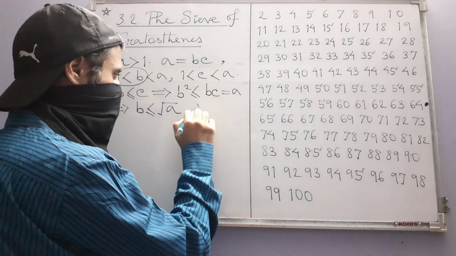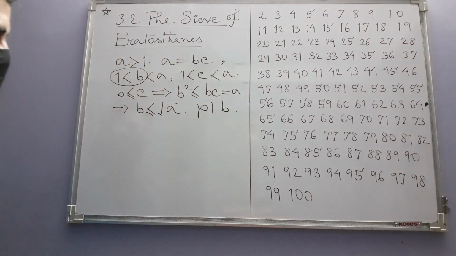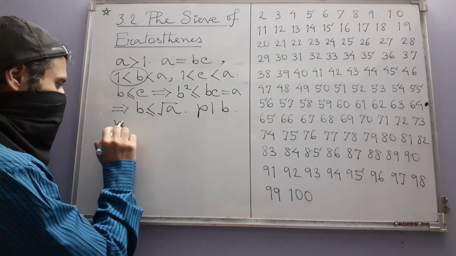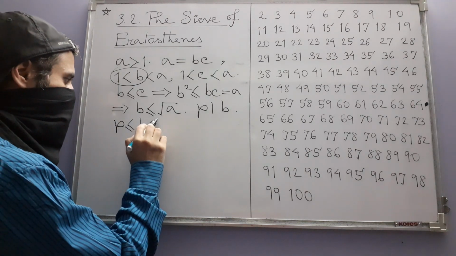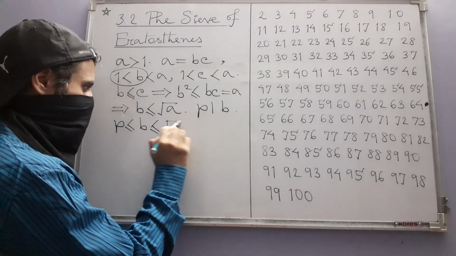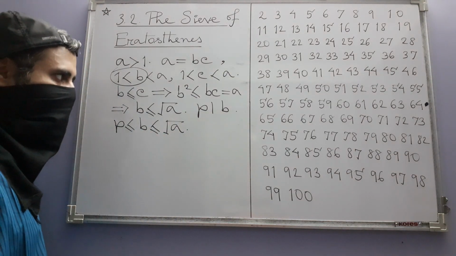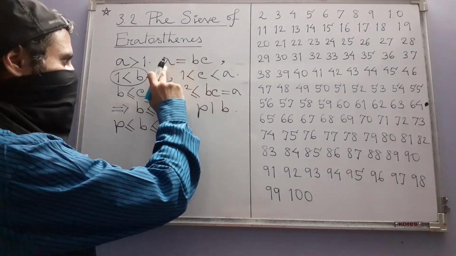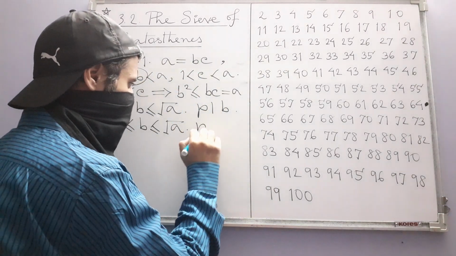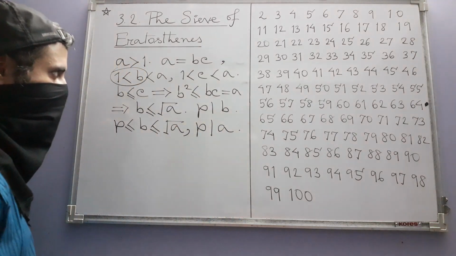So there exists a prime P which divides B. Now because P divides B, in particular P has to be less than or equal to B, which means that P also has to be less than or equal to the square root of A. Now P divides B and B divides A, so at the same time P also has to divide A.